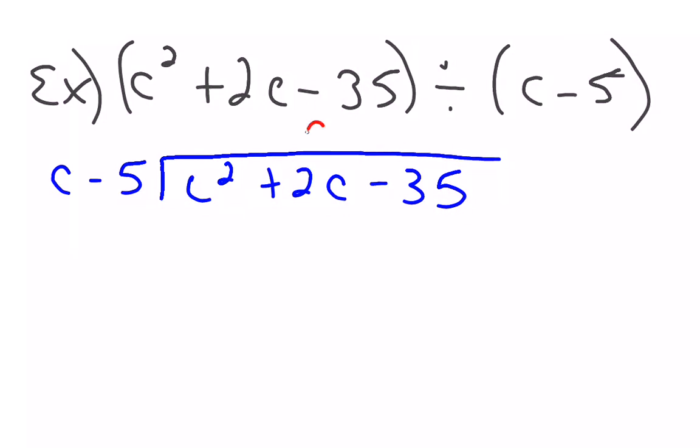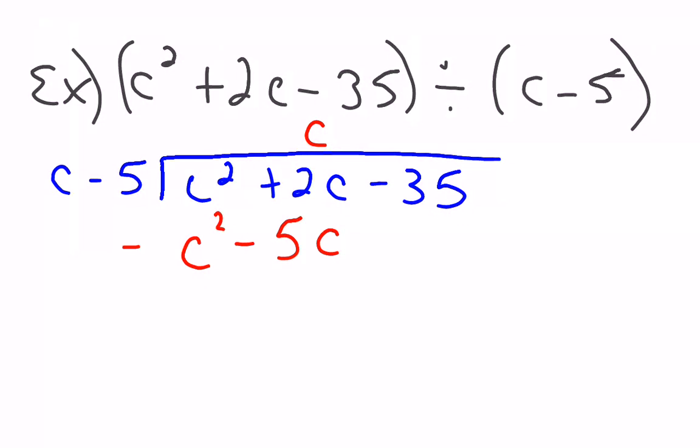So c times c gives me c squared. Now we multiply. We have a number on top, and we multiply it by what's on the outside. So c times c is c squared, and c times negative 5 is negative 5c.